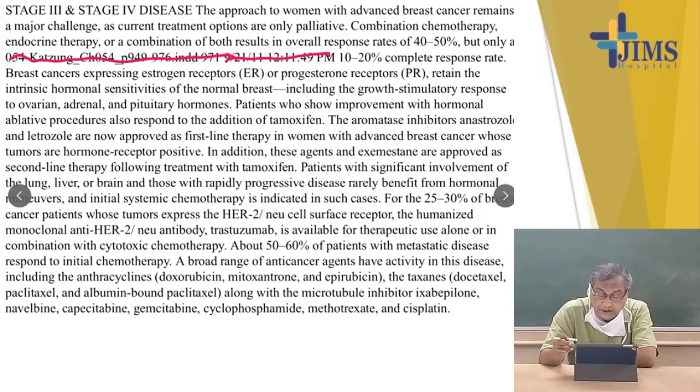A broad range of anti-cancer agents have activity in this disease, including the anthracyclines doxorubicin, mitoxantrone, and epirubicin, the taxanes docetaxel and paclitaxel, and albumin-bound paclitaxel, along with the microtubule inhibitor ixabepilone, vinorelbine, and gemcitabine, cyclophosphamide, methotrexate, and cisplatin.